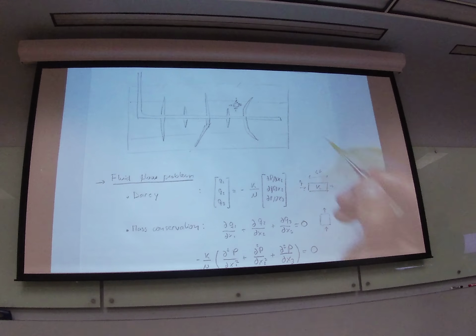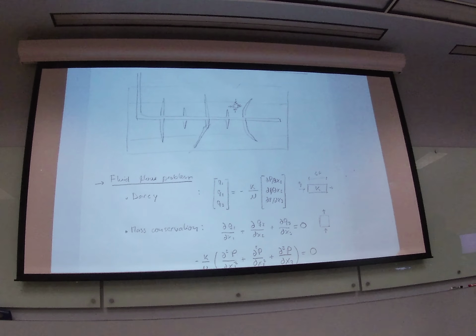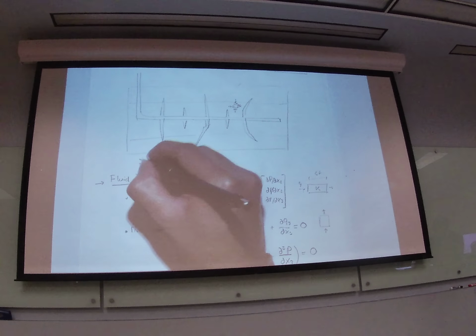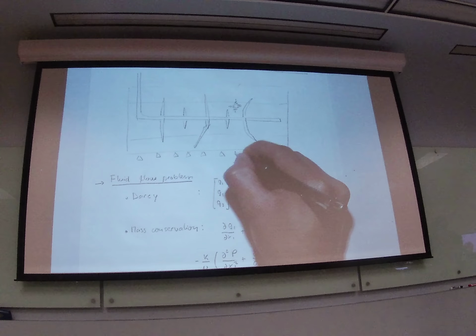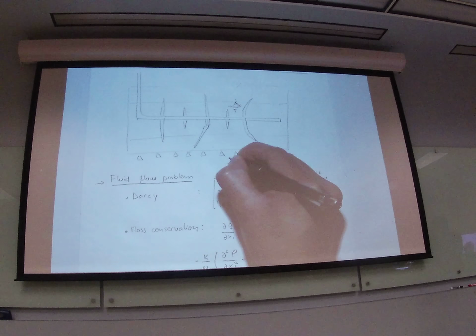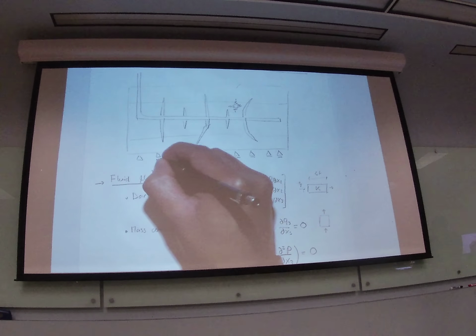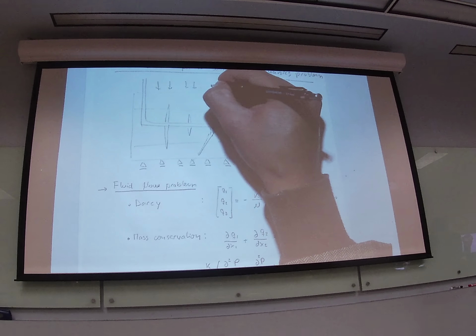Something I forgot here: similar to fluid problems, where we have boundary pressure or flow conditions, in mechanics problems you have boundary conditions of displacement. Like for example, in this case, this mass of rock is not moving downwards. You have stress boundary conditions.